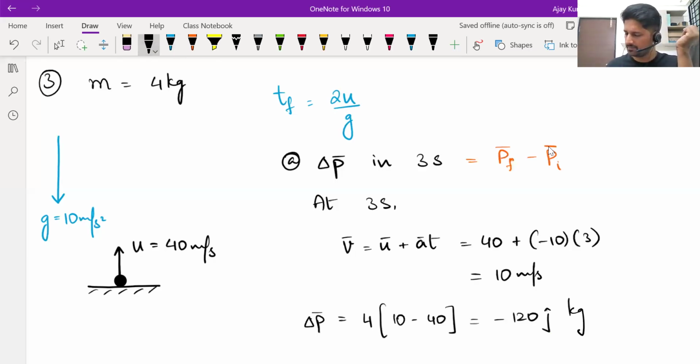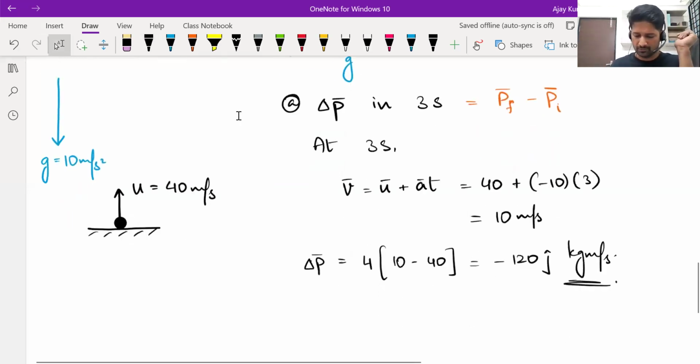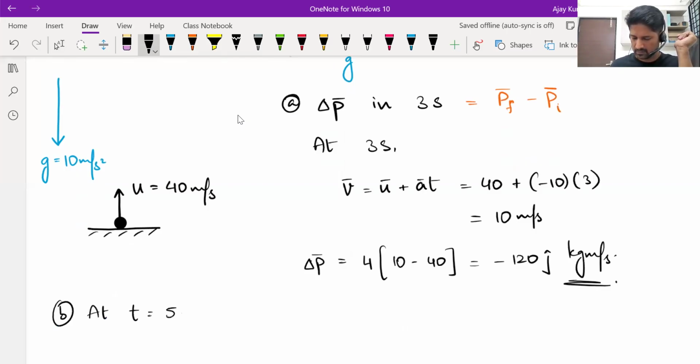Pawan, is this clear? Yes, sir. Right. Next, Pawan, do you have an answer for momentum at 5 seconds? Tell me its velocity at 5 seconds quickly.